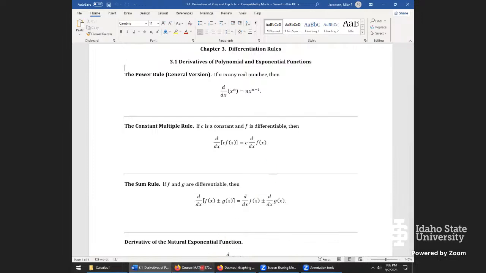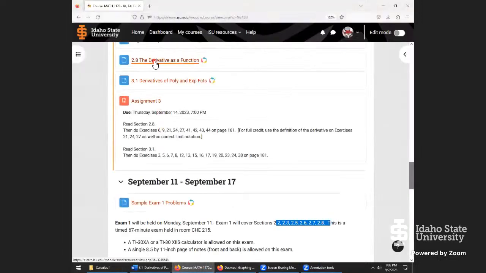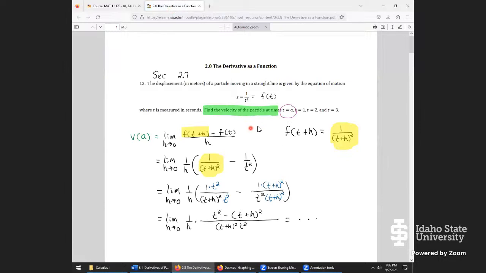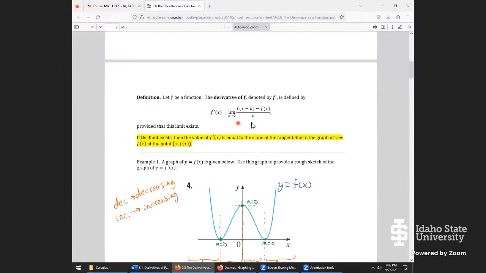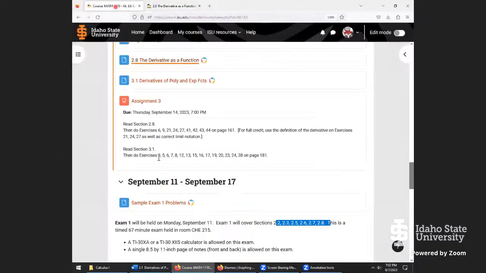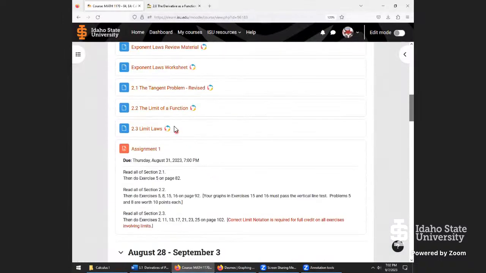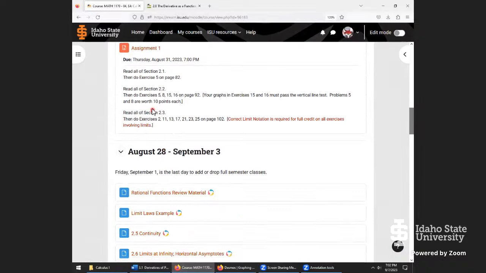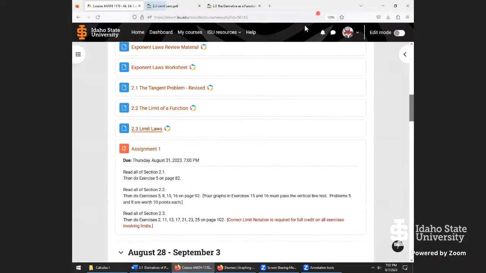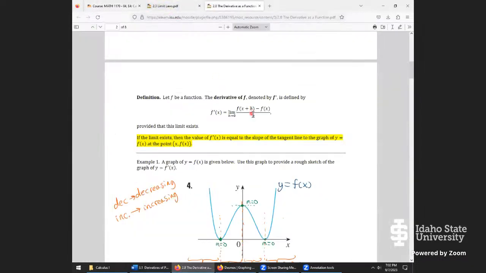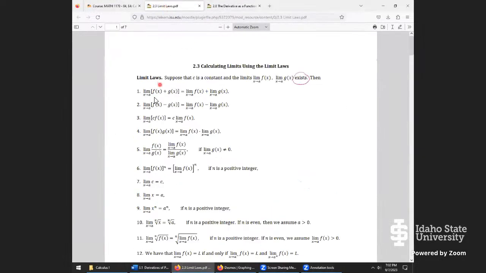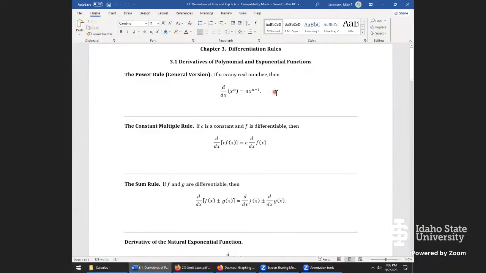How they did it is they went to this section. They take this formula right here. Then you go to this section. There they are. Take your definition of the derivative, this right here, combine it with the limit laws, and suddenly you have a ton of really powerful tools for calculating the derivatives.